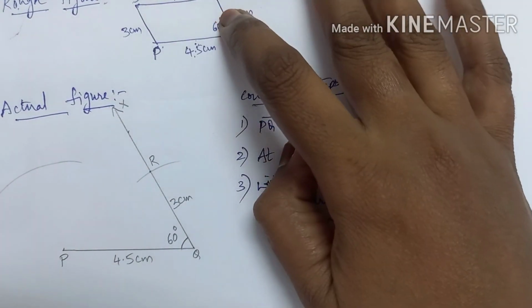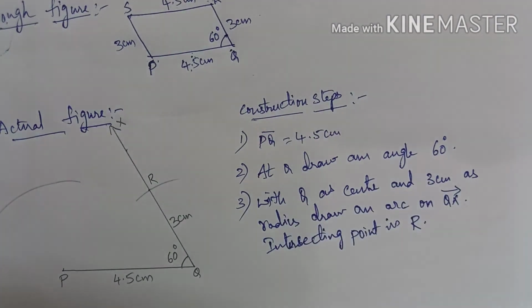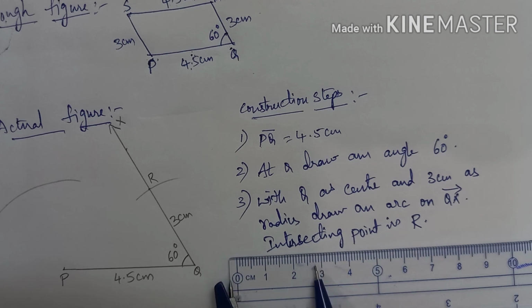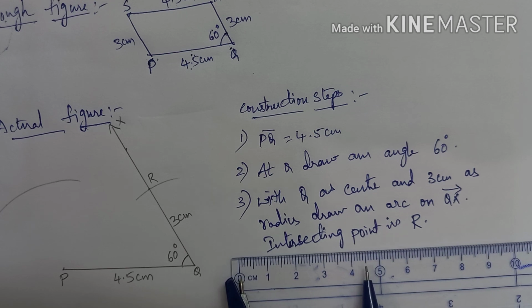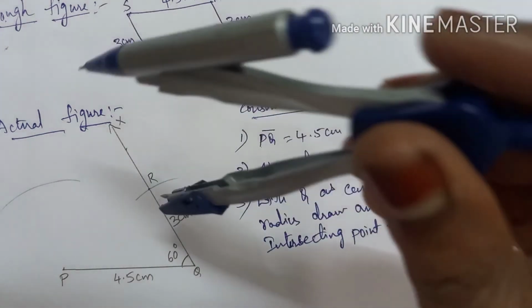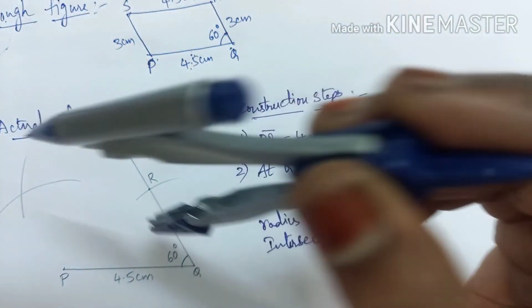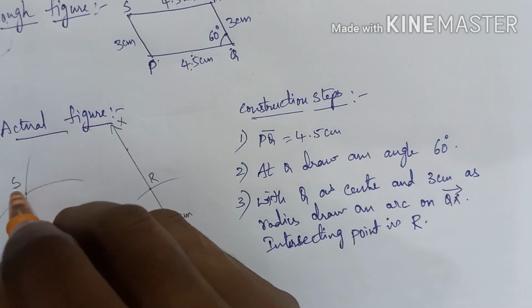So now let us again take the ruler and take 4.5 centimeters as radius, and with R as center, draw the arc which cuts the previous arc. The intersecting point is S.